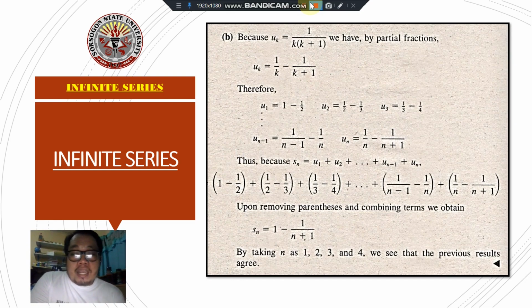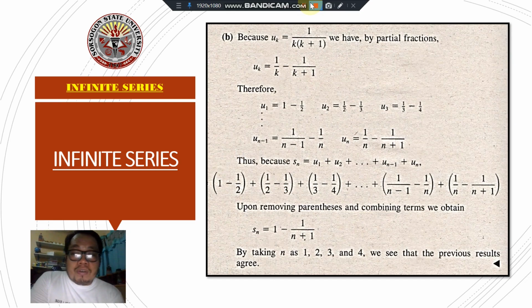Now, by taking n as 1, 2, 3, and 4, we see that the previous results agree. Okay? So it means that if we replace n with those values from 1 to 4, that would result in the same values that we derived on the first task, which is the first four elements of the sequence of partial sums.